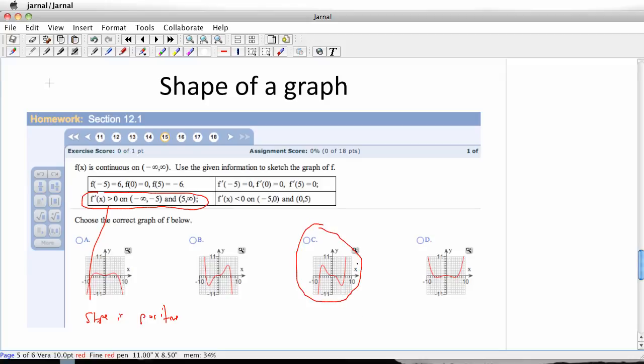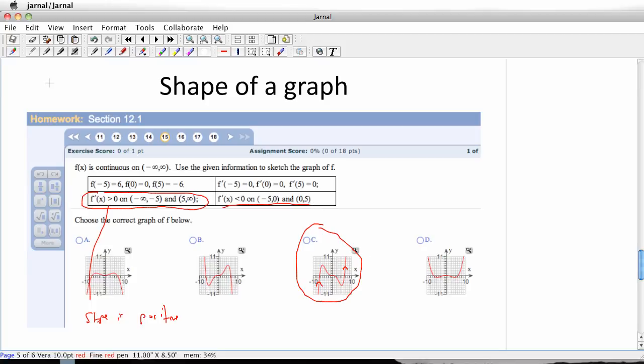You can zoom in on it if you want to, but notice that the slope here is positive, so coming up to negative 5, and then also starting at positive 5 and going forward, we're positive, and the graph is falling in between, and that's what this will tell us. The graph is falling in between. So this graph has the right basic shape.